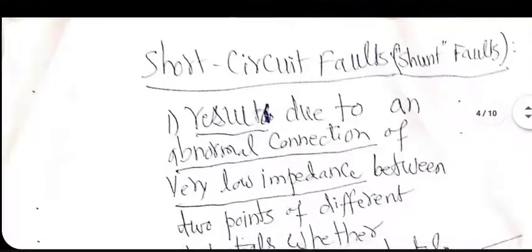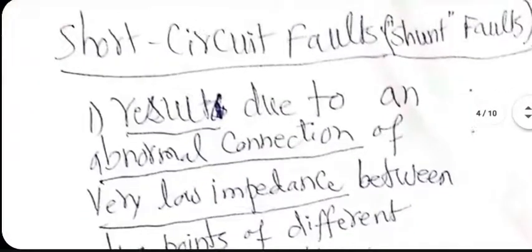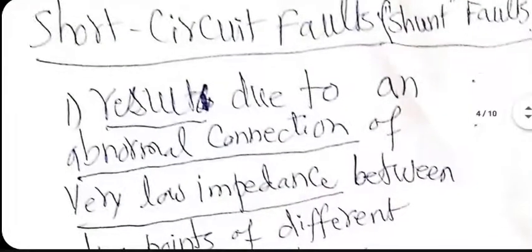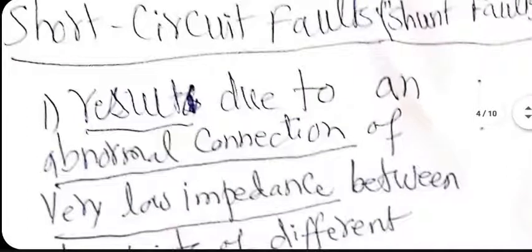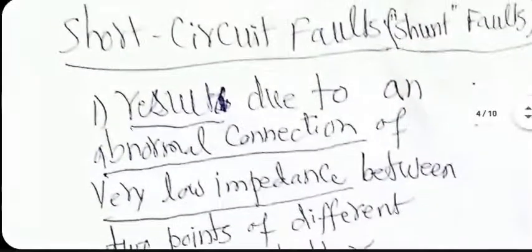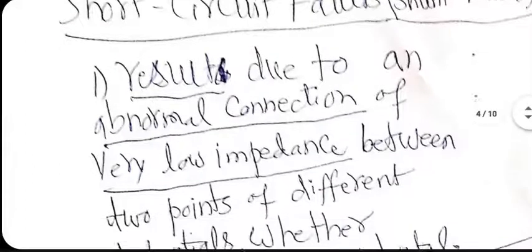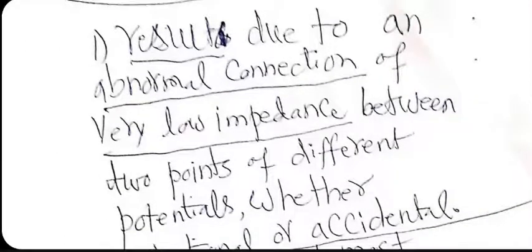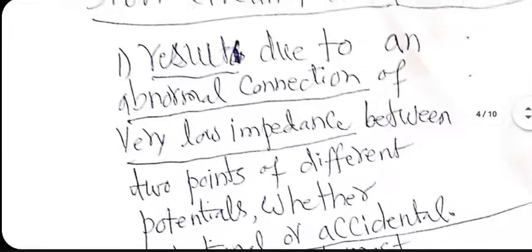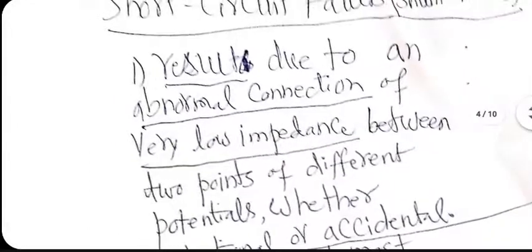Short circuit faults. They are called shunt faults. They result due to an abnormal connection of very low impedance between two points of different potentials. We are not saying it is zero impedance.